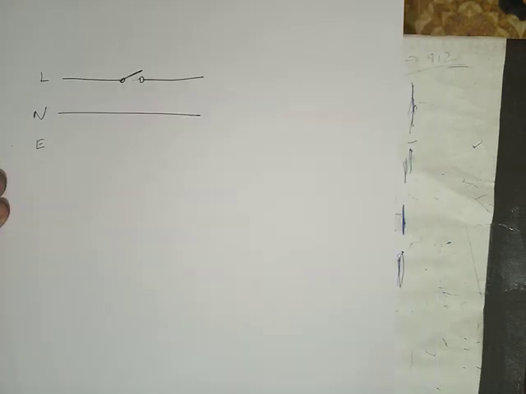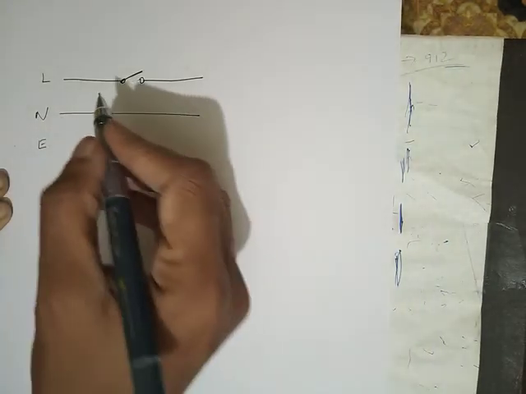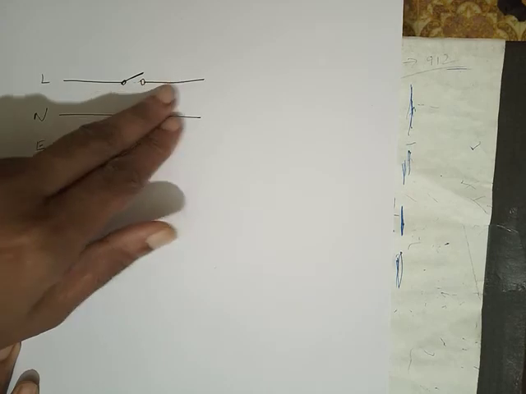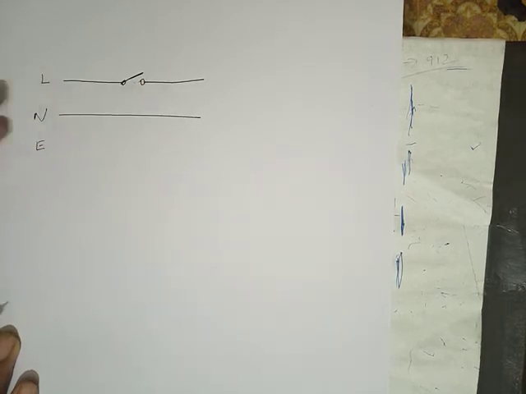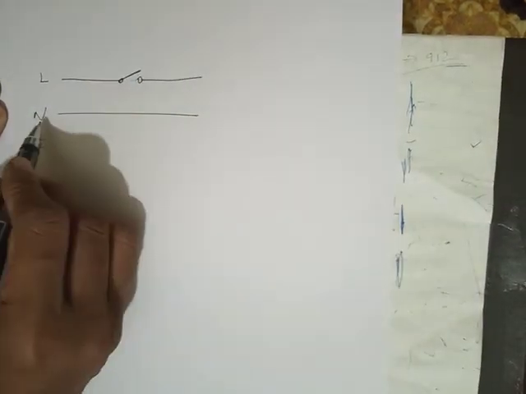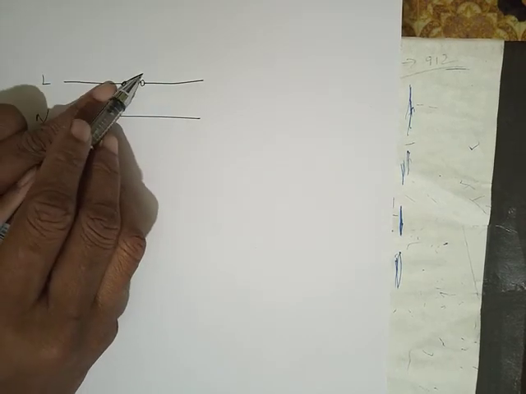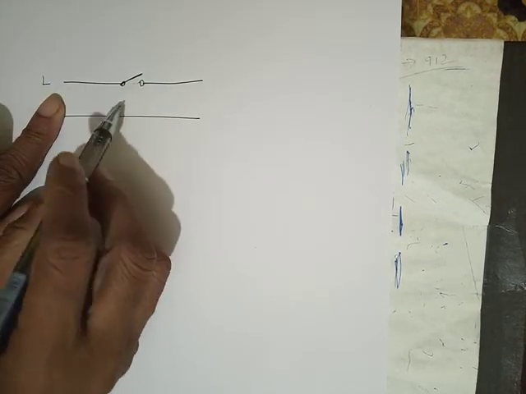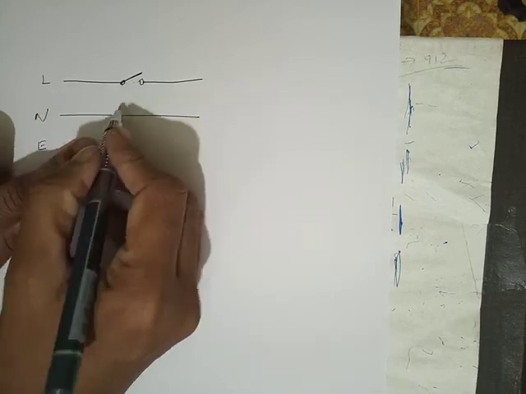Now in case of double pole switch, single pole switch means there will be only one switch on the live wire. It's enough if we put a switch on the live wire, because if this is open, current is not going to enter and the circuit will not work.